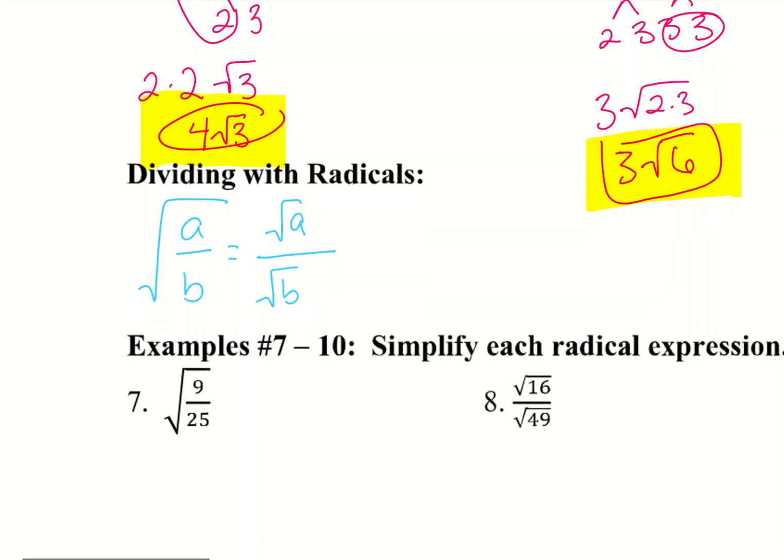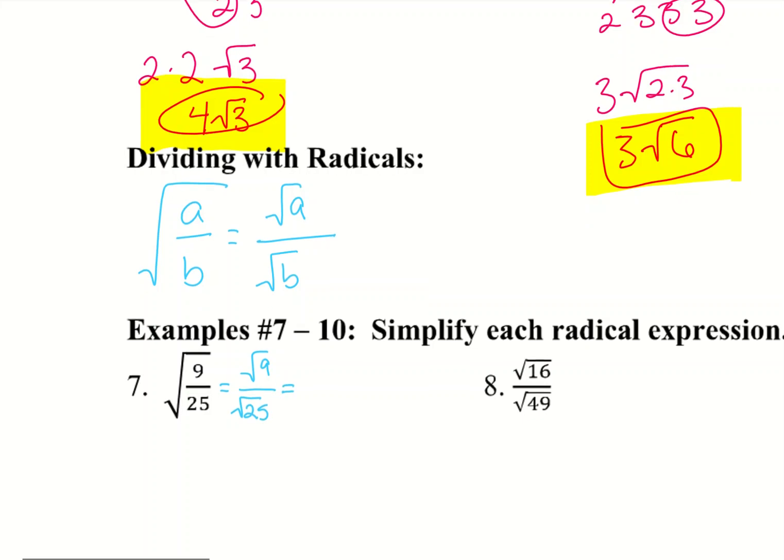So we have 7, which is the square root of 9 over 25. I can go ahead and simplify that to the square root of 9 over the square root of 25. 9 is a perfect square. So perfect square meaning that it's the same number being multiplied. And so 3 times 3 equals 9.